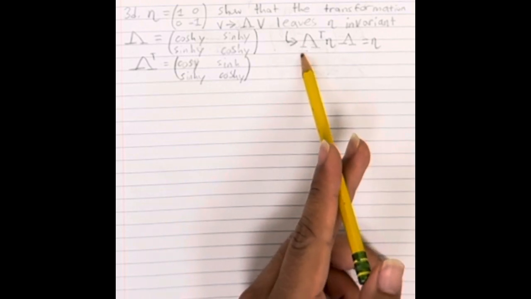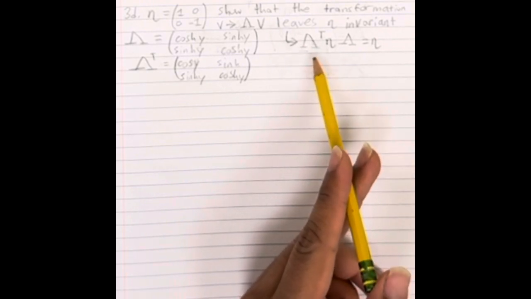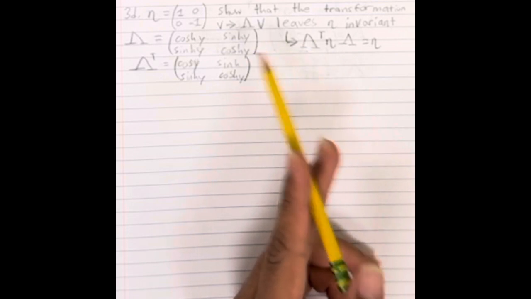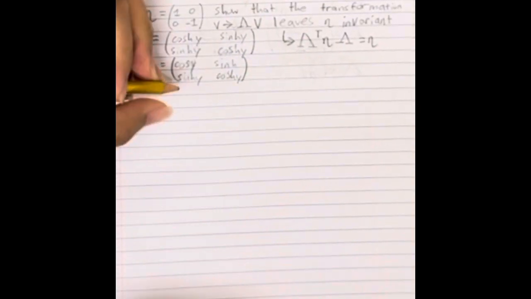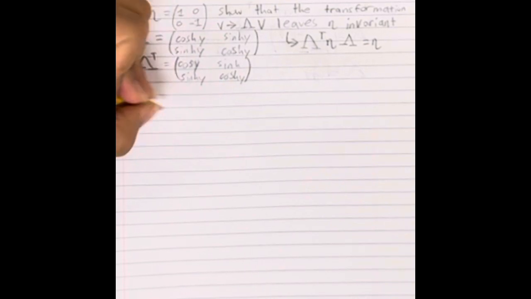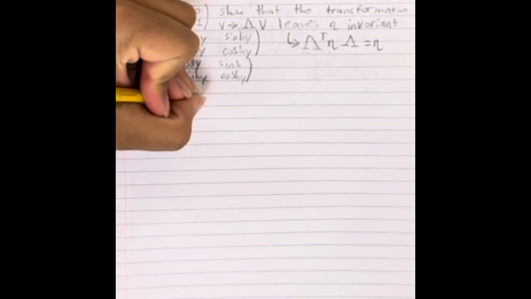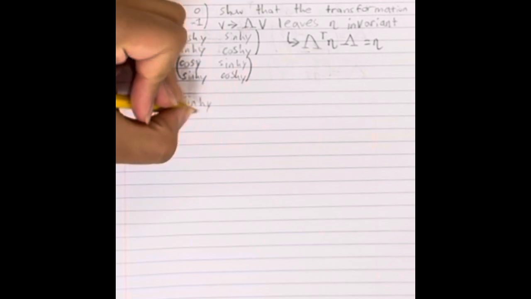So the transpose of lambda times eta times lambda should give us the exact same metric. We can show this by just doing basic matrix multiplication. It's important to also mention that the transpose of lambda is actually itself.